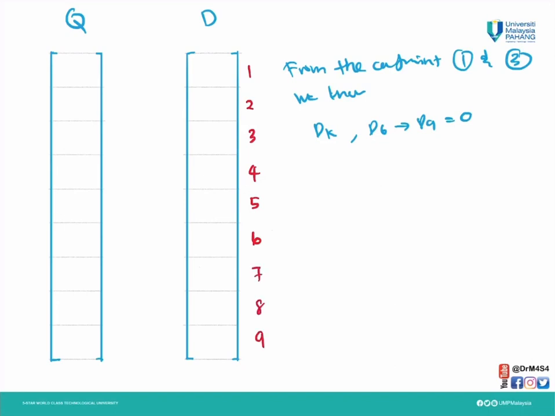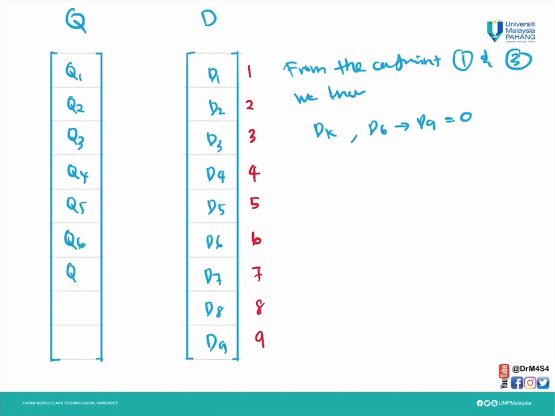So D1, D2, D3, D4, D5, D6, D7, D8, D9. Similarly for Q: Q1, Q2, Q3, Q4, Q5, Q6, Q7, Q8, Q9.